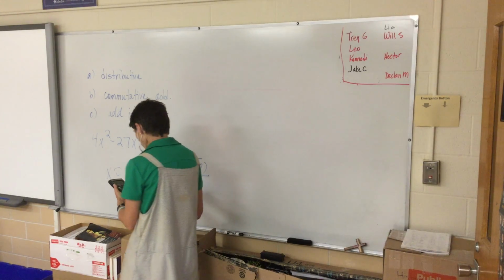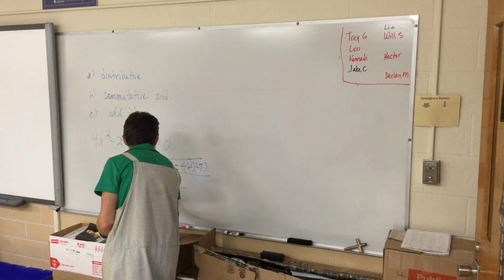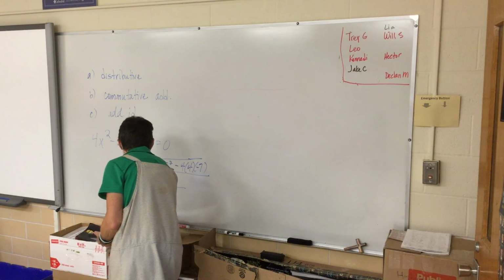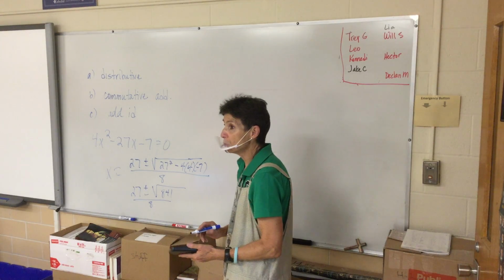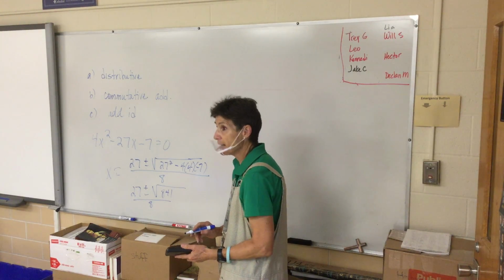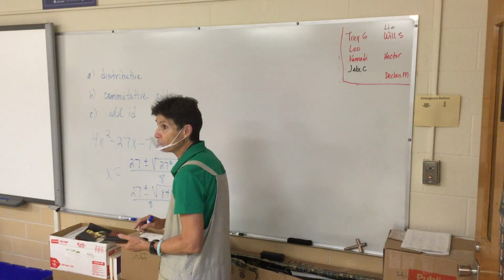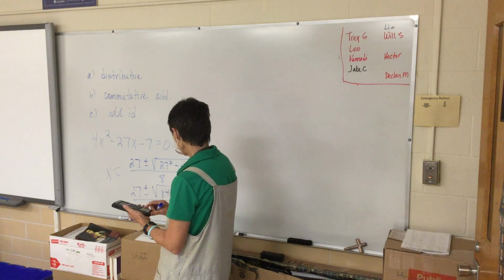So that's 841 over 8. Now I have to recognize that is 2 separate answers, right? And I have to break down my 841. So what does 841 divide by?